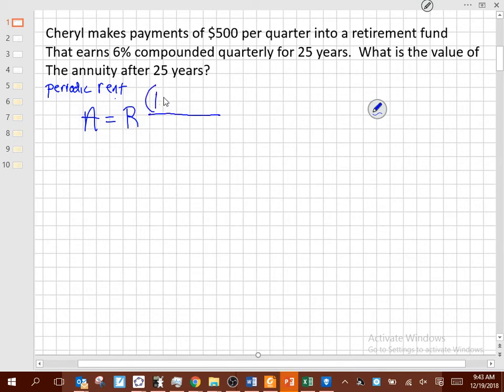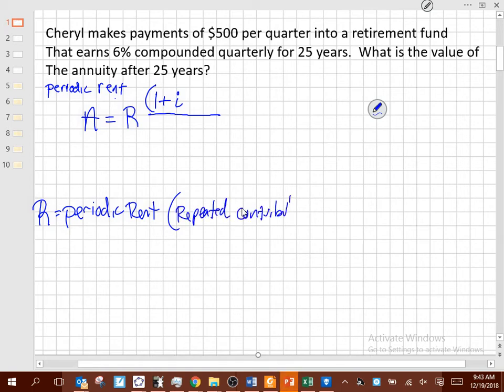1 plus i. Just kind of write down our variables here. i is not your pure interest rate. So in this case, i is not 6.